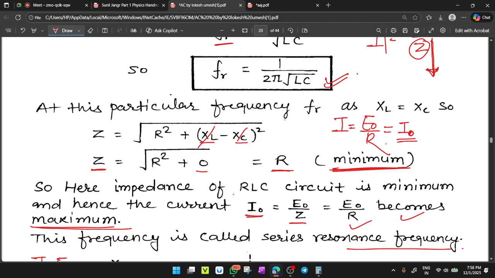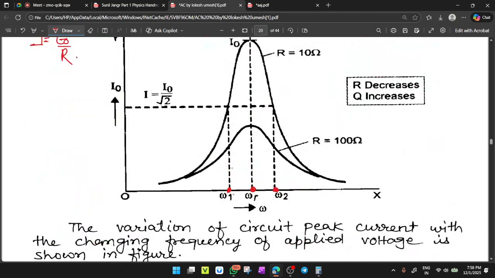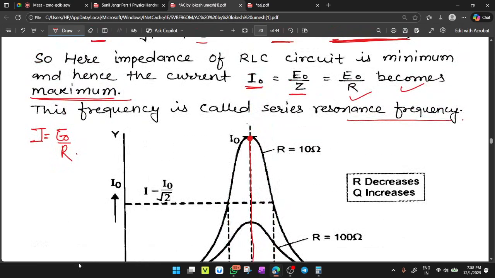So the maximum value of current will flow through the circuit. At the value of omega R, the current will be maximum, equal to I naught. Clear?